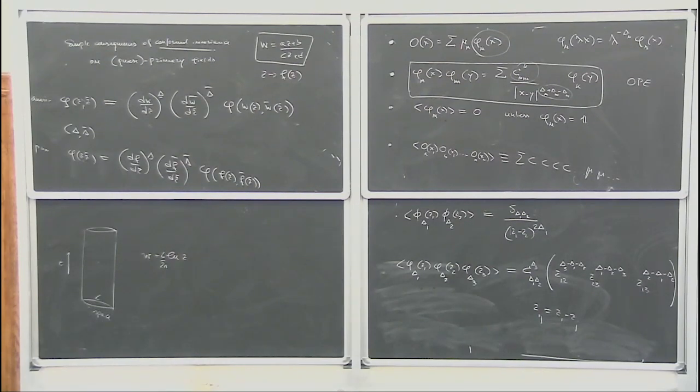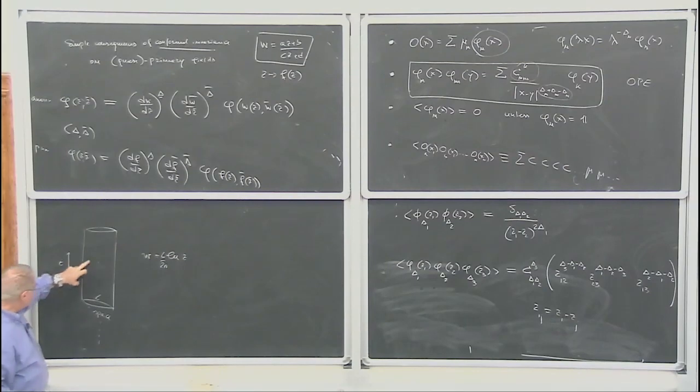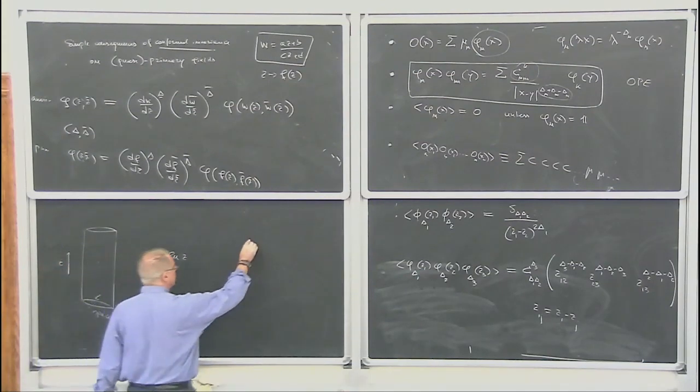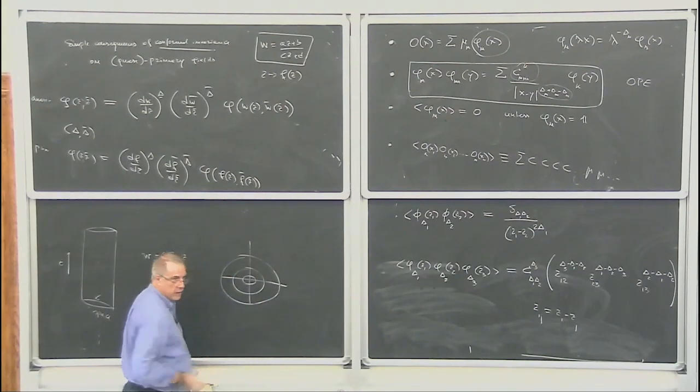So all this to say that I can think the evolution of my theory in time starting from minus infinity and going to plus infinity. Now, if I map this time evolution, which is here, is clear, in the original plane, what happened is that I got what is called radial quantization.